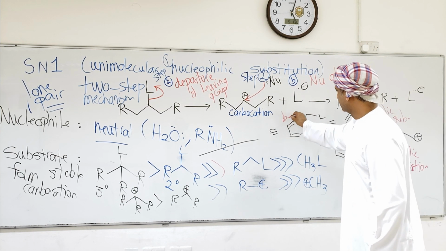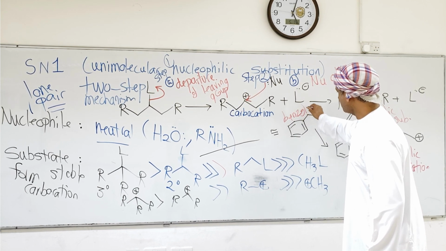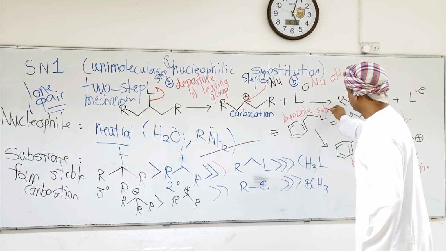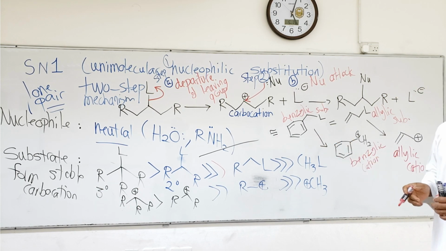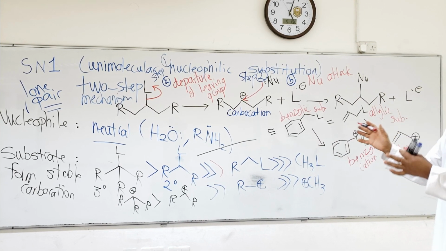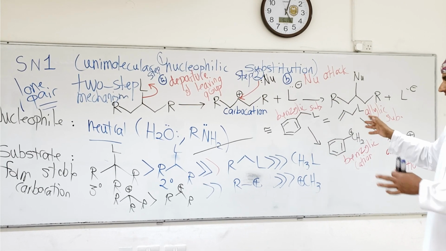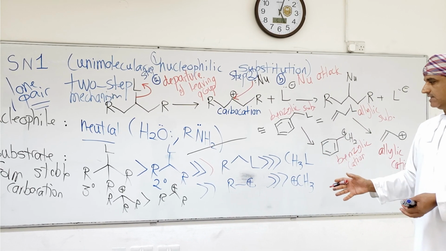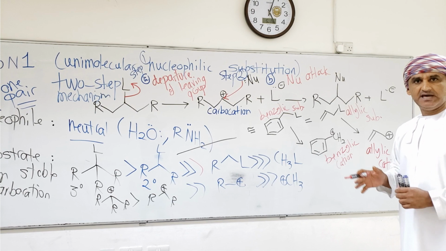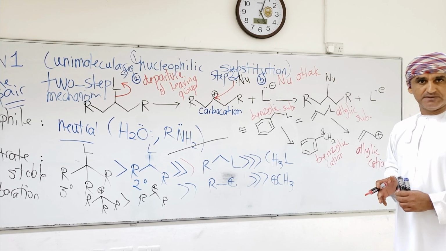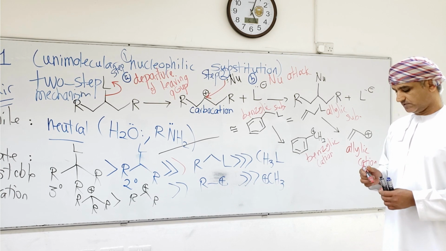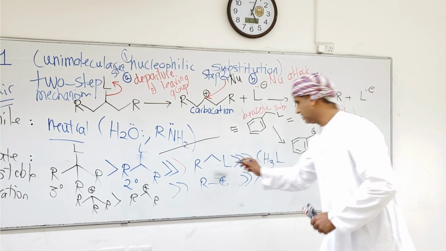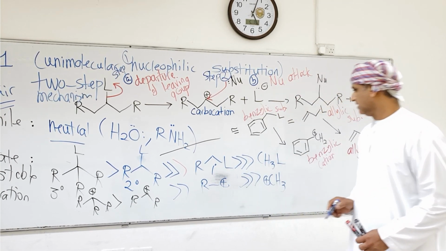This is the benzylic substrate. These are also reactive. Their reactivity is comparable to that of secondary substrates. These three, secondary, benzylic, and allylic, can be put together on the scale, and they will be of much higher reactivity in the SN1 mechanism, higher than the primary substrates, and even of course, much higher than the methyl substrate.